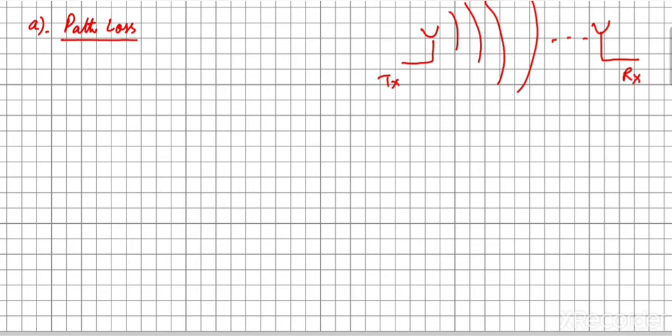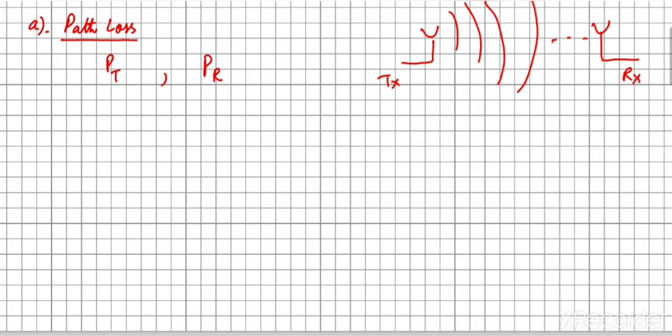The amount of power radiated by the transmit antenna is referred to here as PT, and the amount of power that is captured by the receive antenna will be referred to as PR. And you can well imagine that PR will be much lower than PT. Why so?